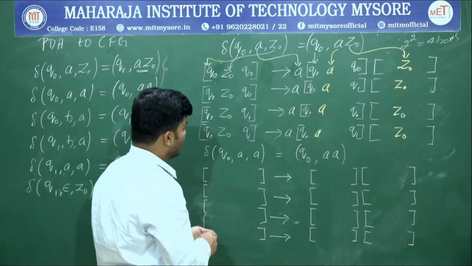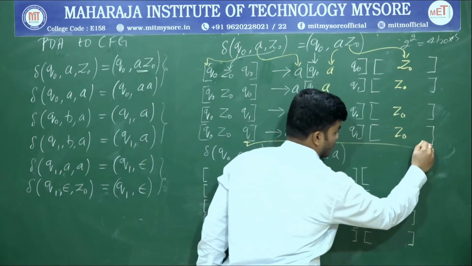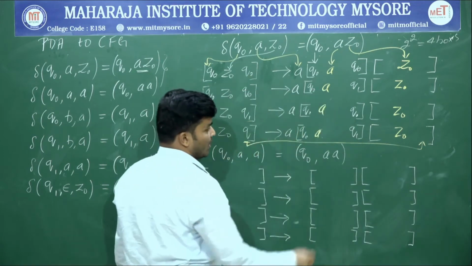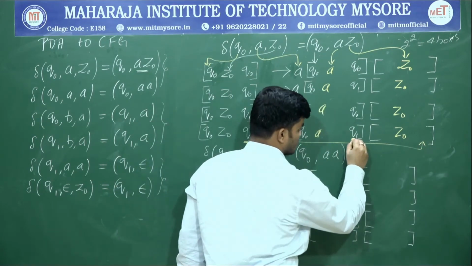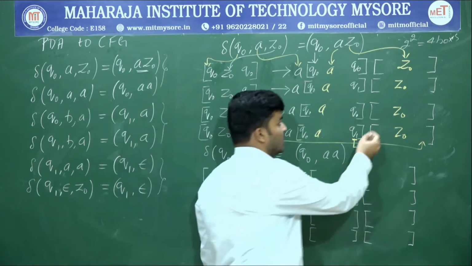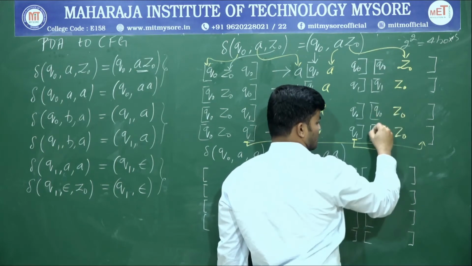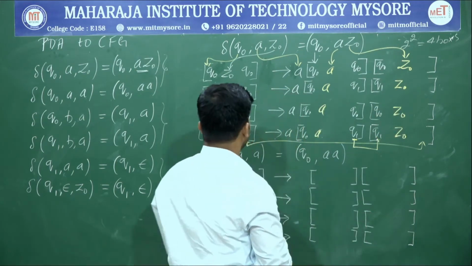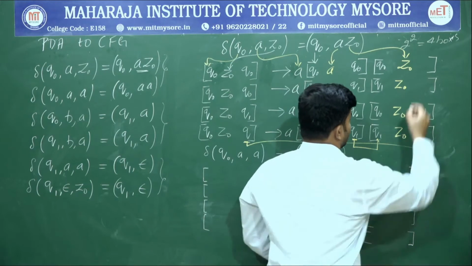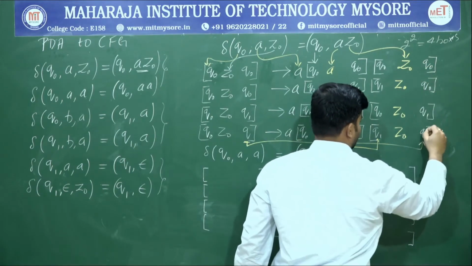So now whatever you write in this position, you have to copy over here. And whatever you write in this position, you have to repeat over here. So here you will get Q naught, Q1, and again Q naught, Q1. And in the last box you will get 2 Q naught, 2 Q1.